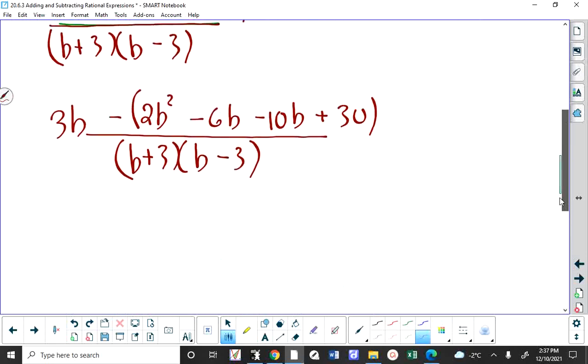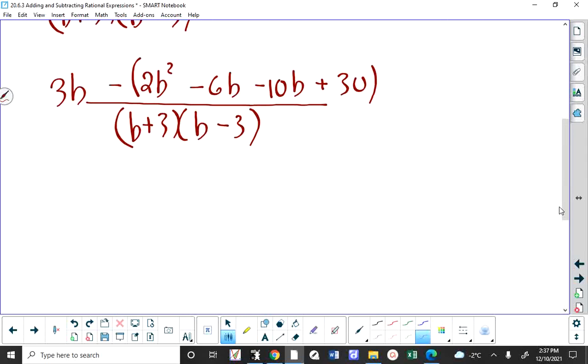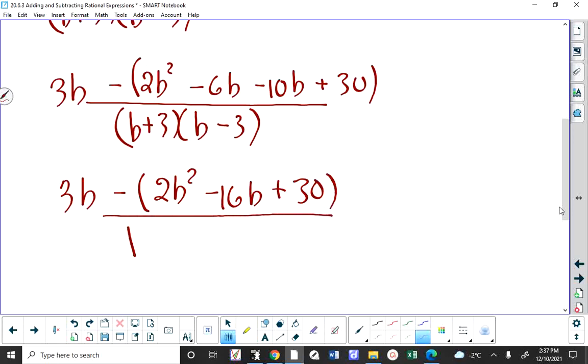A number of ways to handle it. I'm just going to clean this up first. It's 2b squared minus 16b plus 30. And there are at least 3 ways to peel off those brackets. How many of you would just say, well, I'm going to remove the brackets and switch the sign of everything inside the brackets?